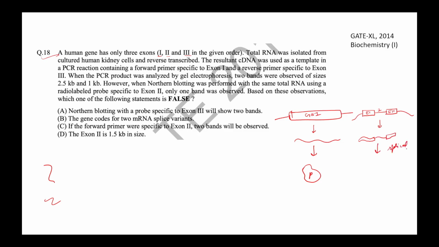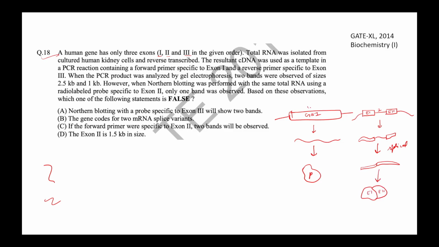The removal of the intron is called splicing, and after splicing we get this functional RNA, which is further translated into a protein. So this forms the functional protein.